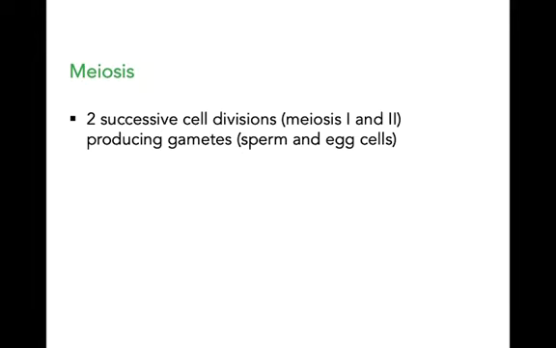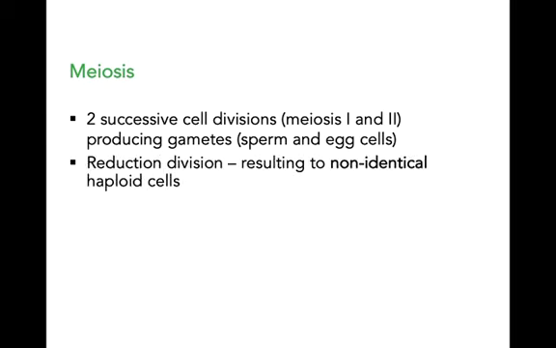Okay? Now, again, meiosis, meron akong video na in-upload doon. Maganda yung explanation ni Amoeba Sisters doon. So, meiosis, meron tayong 2 successive cell divisions divided into 1 and 2, and again producing gametes, which are your sperm and egg cells.